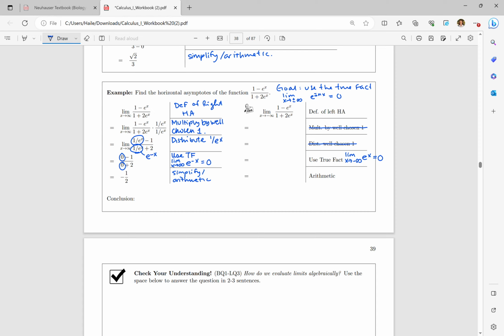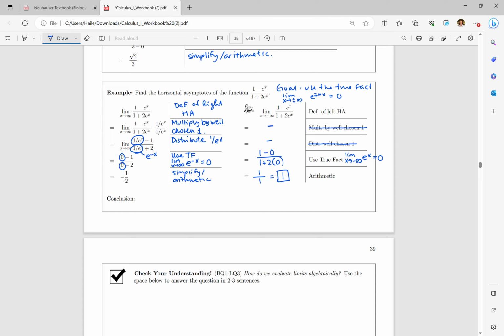So we can just skip to subbing in 0 for e to the x, and we get 1 over 1, which is just 1. Okay, so we can skip those 2 steps, and we get 1 as our answer.